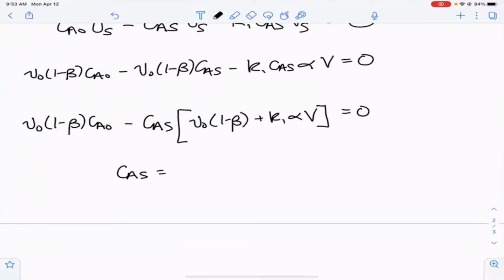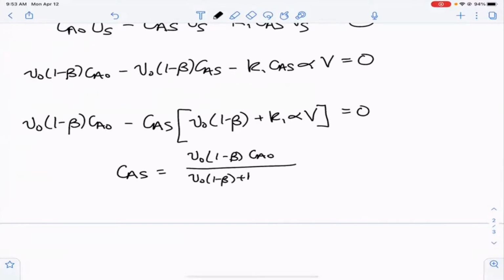We then can solve for CAS, and that's equal to V0 times 1 minus beta times CA0 divided by V0 times 1 minus beta plus K1 alpha times the volume. The other thing that I could do is divide the right side by V0, both the numerator and the denominator.